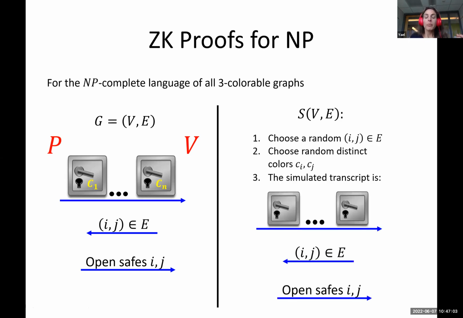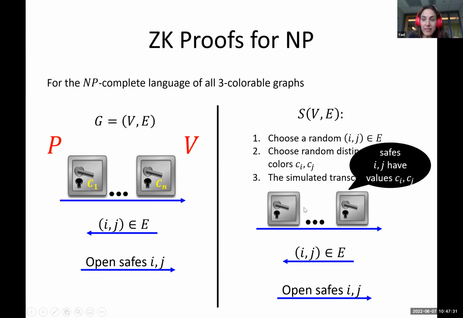First I'm going to choose the random edge that I'm going to ask the prover. Then I'm going to choose two random distinct colors to put in safe I and safe J. In the rest of the safes, I don't care.